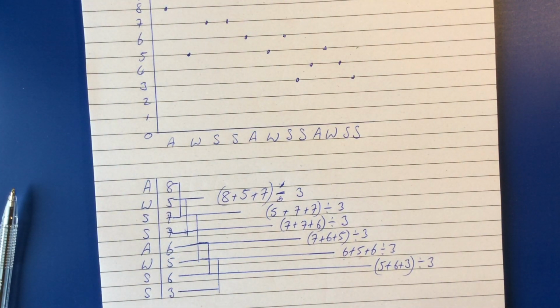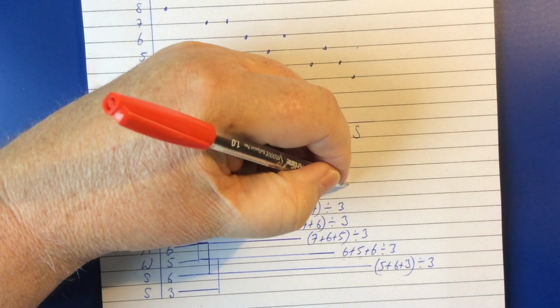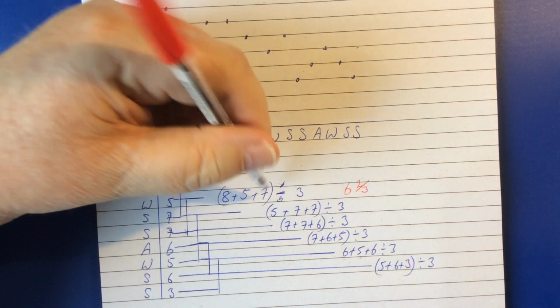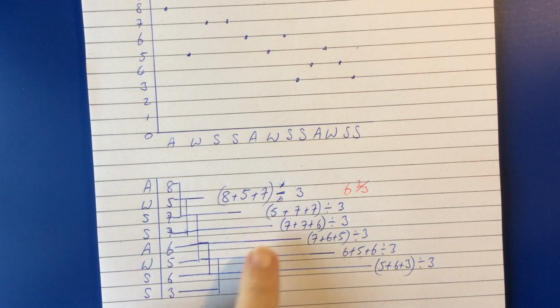Right, so what have we got? 8 plus 5 plus 7 divided by 3. I'm just going to write this in red. This is 6 2/3. Then 5 plus 7 plus 7 divided by 3.